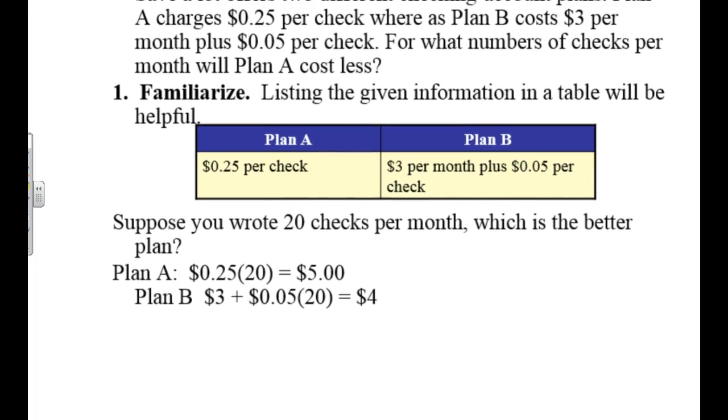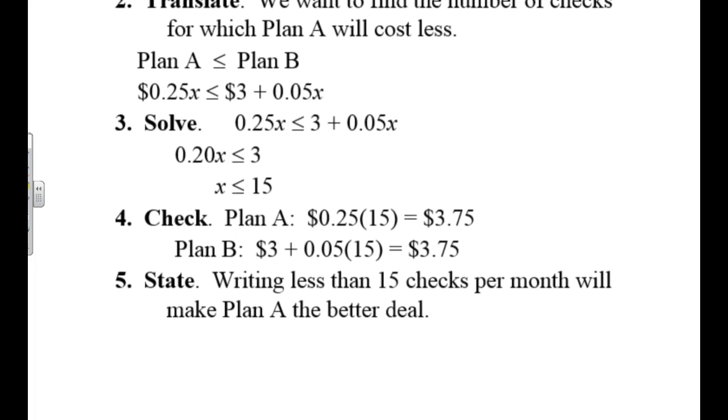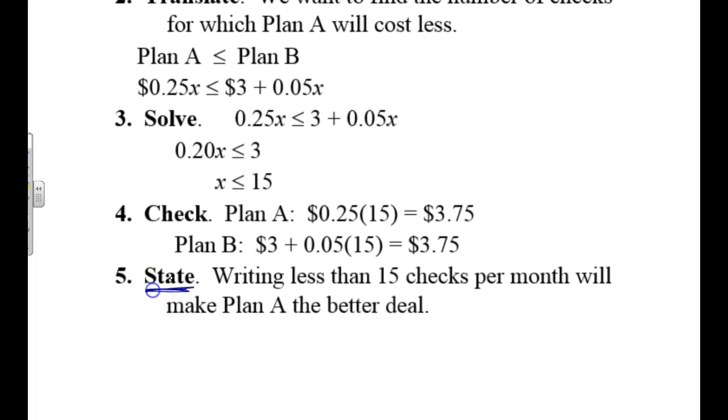So the author here said, oh, well, let's just guess 20 and see what happens, which sometimes is a good method. But I would like for you to have a stated solution, and they asked which plan is better. And writing less than 15 checks per month will make plan A better. So that's how to interpret it.